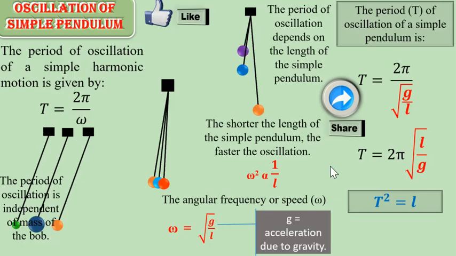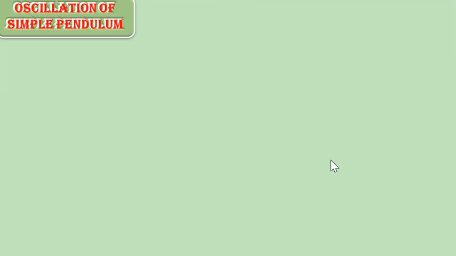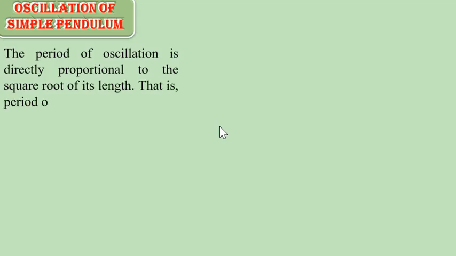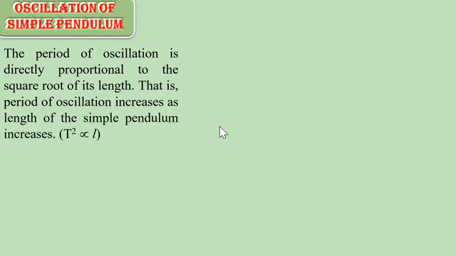In this slide of the presentation, we're going to look at the plot of T squared against L. What will it look like? The period of oscillation, as I said, is directly proportional to the square root of the length. That is, the period of oscillation increases as the length of the simple pendulum increases. T squared is directly proportional to L, where L is the length and T is the period of oscillation.